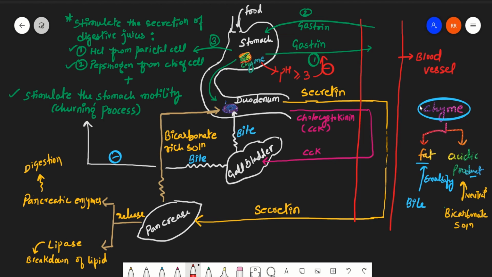This is a negative feedback. It will inhibit the release of gastrin, and therefore the digestion process will be halted, or stopped for some time.